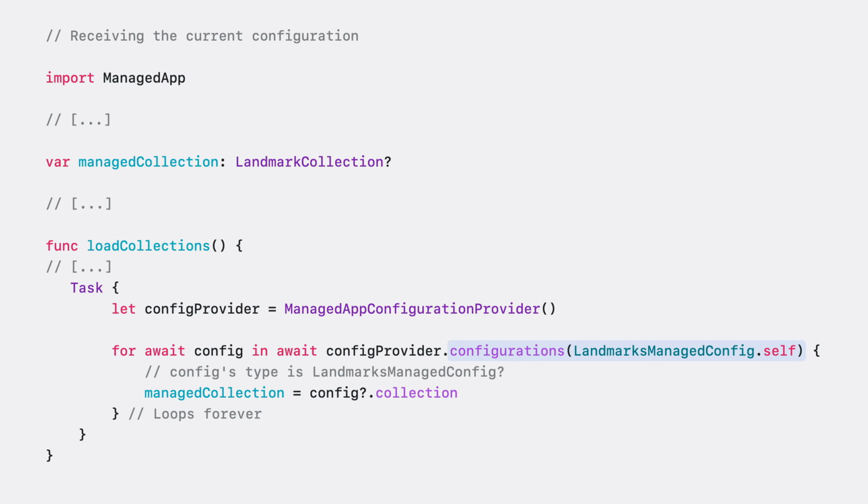The parameter you pass to the configurations method is the type of your configuration struct. To start receiving configurations, you use a for-await loop. The async sequence yields an optional of your configuration type. So in this code, config's type is an optional LandmarksManagedConfig.